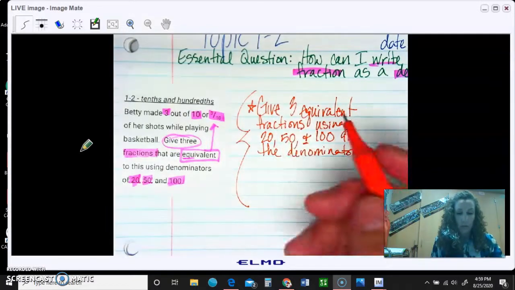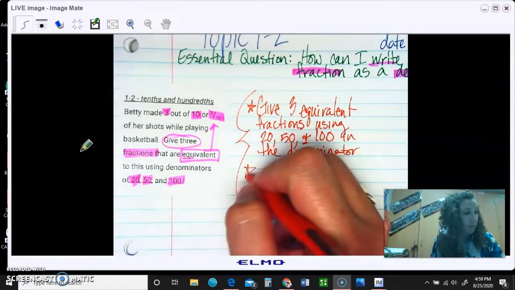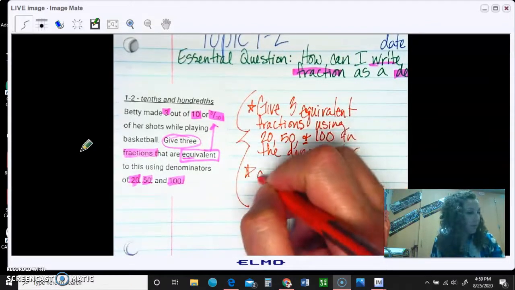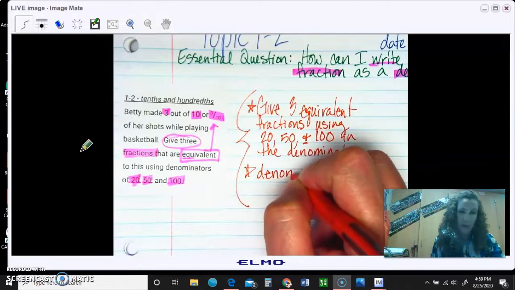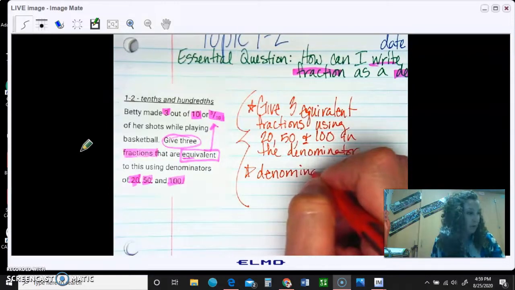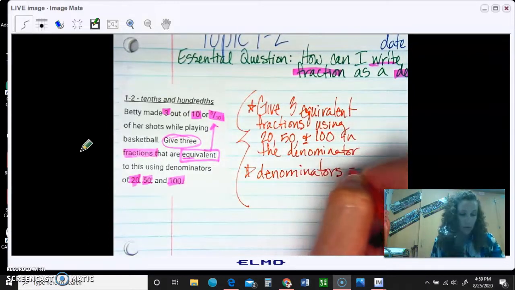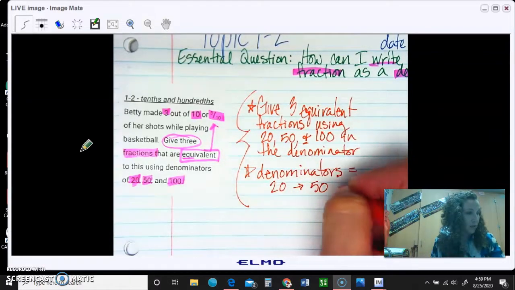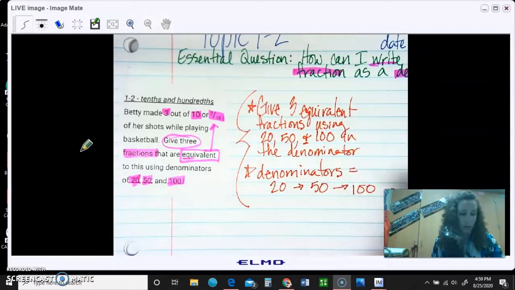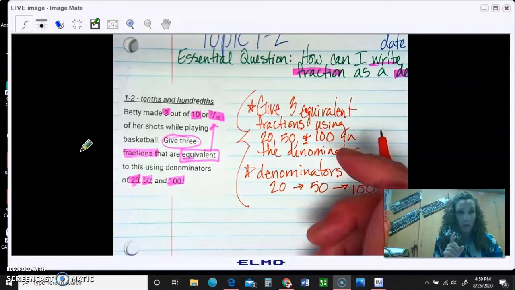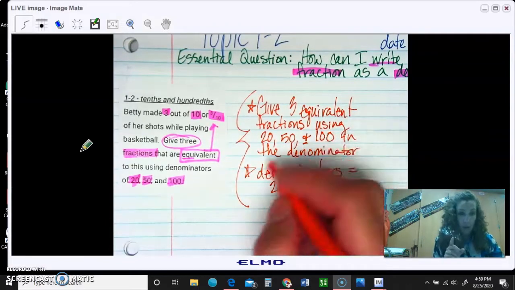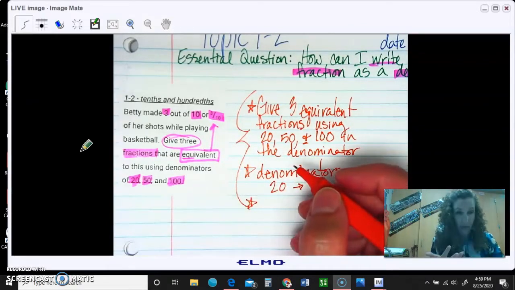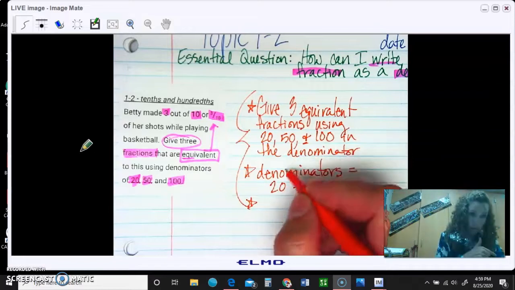Okay? But we're remembering, keeping in our head, this is our organizer, okay, that the denominators we have to use, and yes, I'm writing it again, but it's important. The denominators are 20, 50, and 100. Okay? Now, something that's really important is our starting fraction, right? Because that is what we have to be equivalent to.